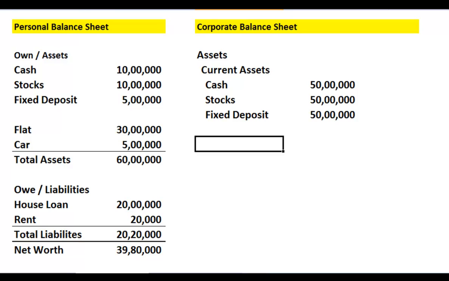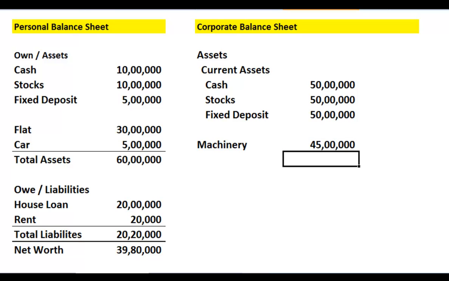Now, apart from these assets, a company also has other assets. Let's say they have machinery, like in the case of Domino's Pizza, they have ovens and baking trays and all of that. Let's say they have machinery worth 45 lakhs.